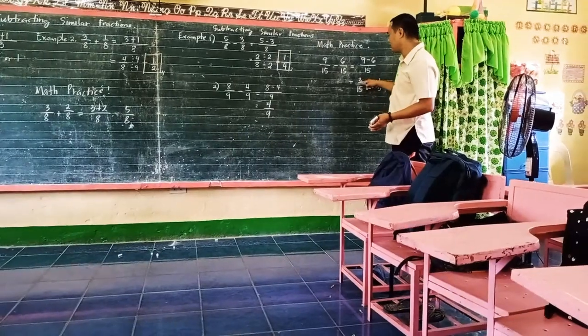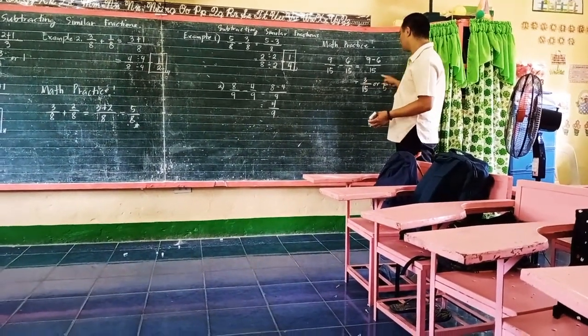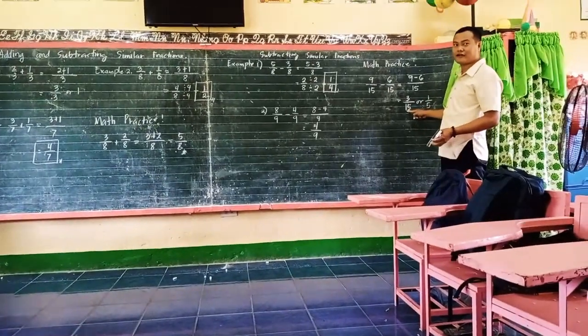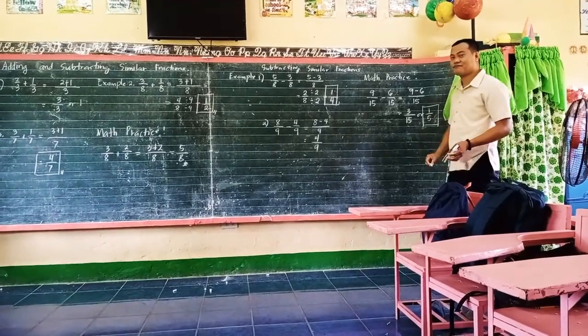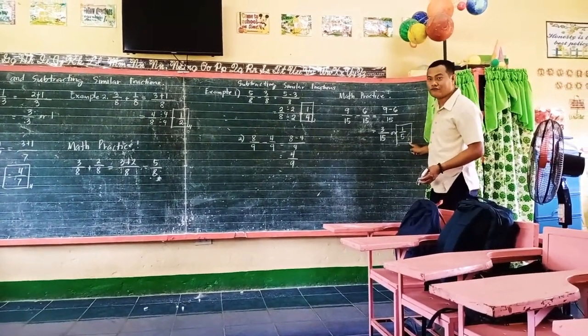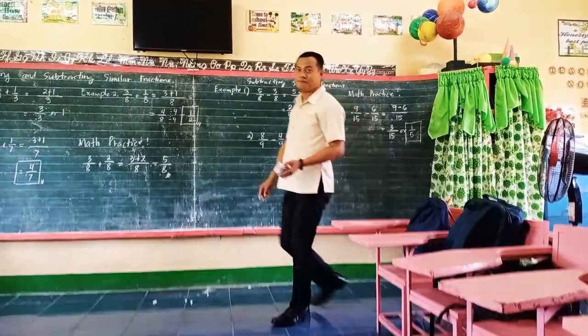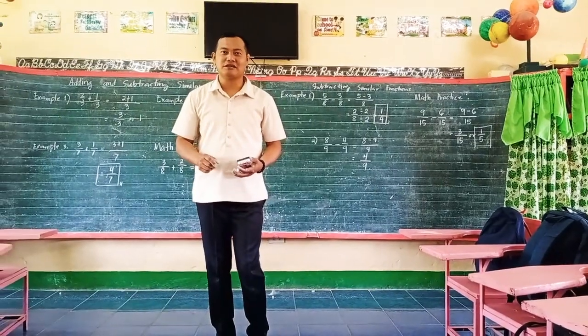That's why if we divide the numerator by 3, that is equal to 1, and 15 divided by 3 is equal to 5. Therefore, 9 over 15 minus 6 over 15 is equal to 1 over 5. Do you have any question? Do you know how to add and subtract similar fractions?